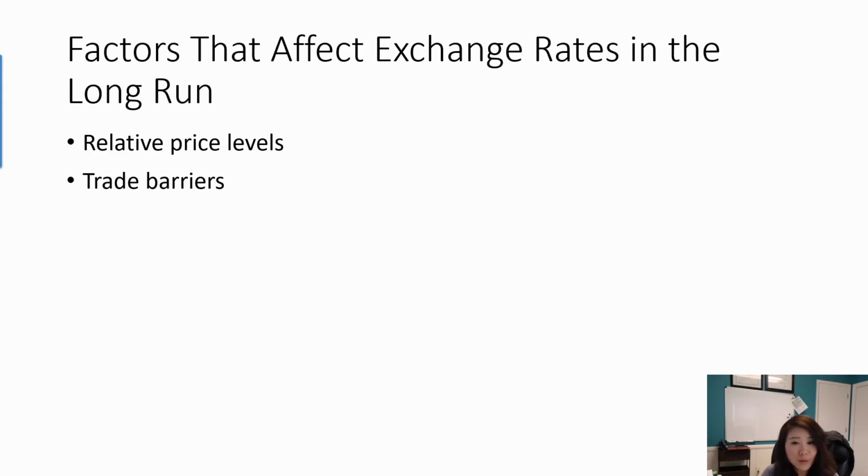Think about when trade barriers go up, just like President Trump increasing the tariff. It causes domestic consumers to be more likely to purchase domestic goods, so the need for the domestic currency goes up, appreciating the value of the domestic currency. So that's why when trade barriers go up, the domestic currency actually becomes stronger.